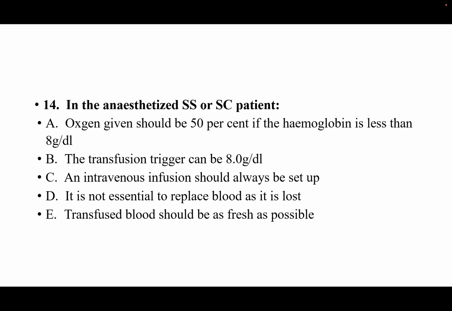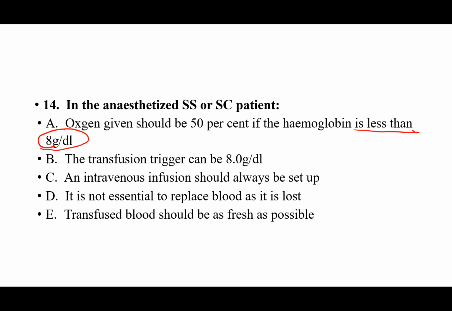Who wants to attempt? A, true or false? True. Why do you say true? For a sickle cell patient, I think you have to give them 50% oxygen, whatever the hemoglobin level is.